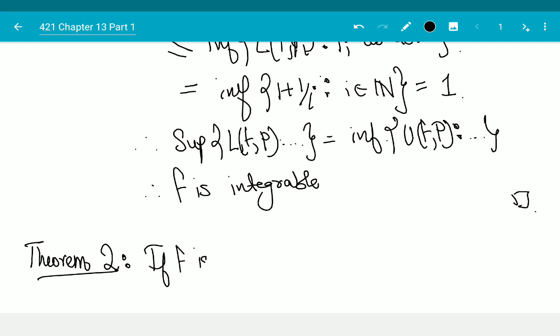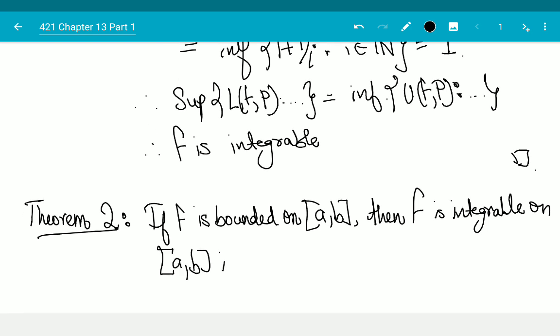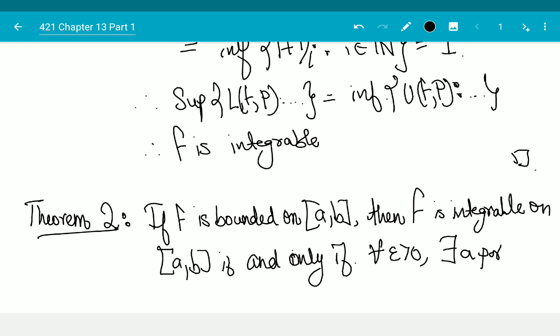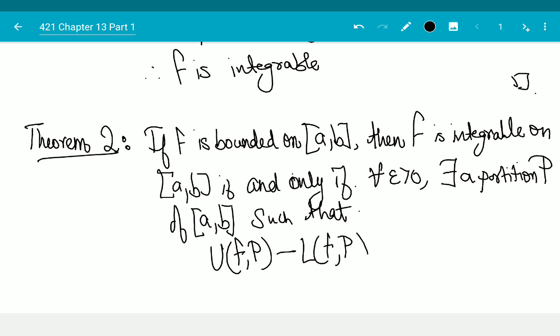If f is bounded on a to b, then f is integrable on a to b if and only if for every epsilon greater than 0 there exists a partition P of [a, b] such that U of f comma P minus L of f comma P is smaller than epsilon.